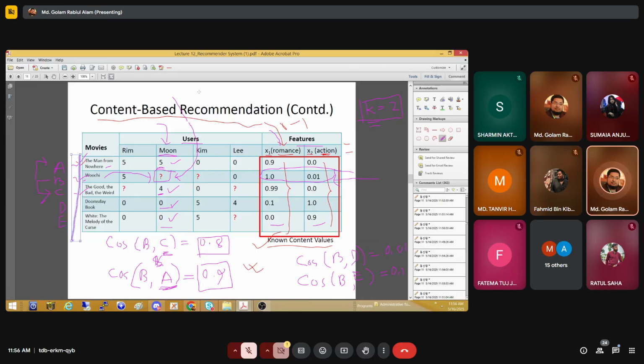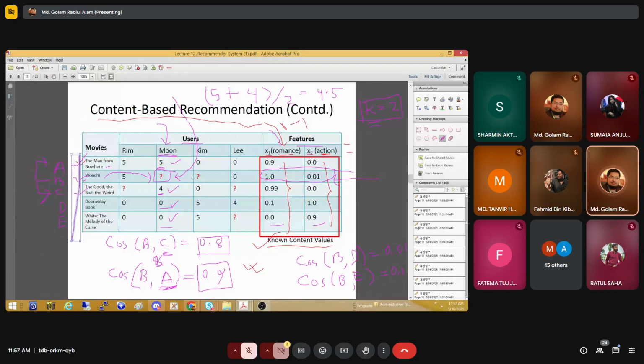If we consider just the average, then 5 plus 4: Moon's rating on A is 5, and Moon's rating on C is 4. Then 5 plus 4 divided by 2. 5 plus 4 is 9, and 9 divided by 2 is 4.5.